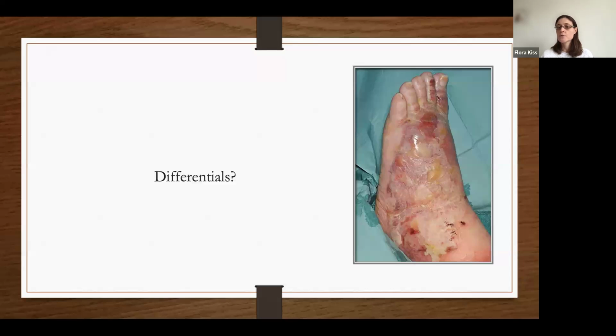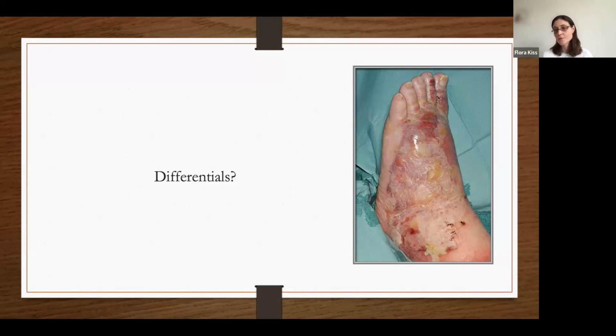And again, of course, this is an infection, but I wanted to showcase that whereas cellulitis and erysipelas is usually not associated with blistering and bullae, in some cases it can be. So it is worthwhile to consider obviously the diagnosis if there is blistering.